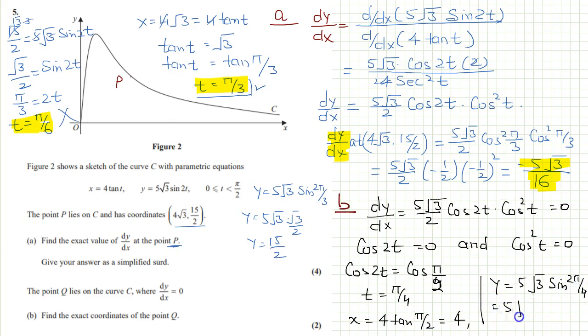So that will be 5 root 3 times 1. So that is 5 root 3. So the coordinate of Q will be 4 and 5 root 3. We need not evaluate this one, and we can write this as an answer.